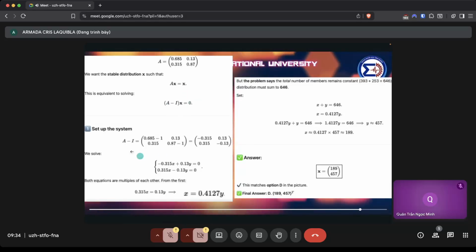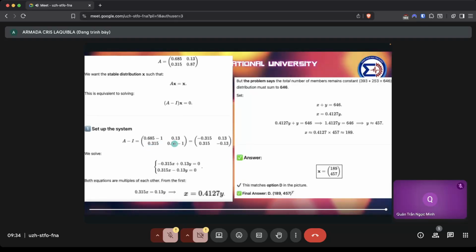Now computing A minus I, you have this value. Your I is 1001, right? So the only numbers that you can subtract 1 from are the numbers in the main diagonal. So minus that with 1. This is the result now.